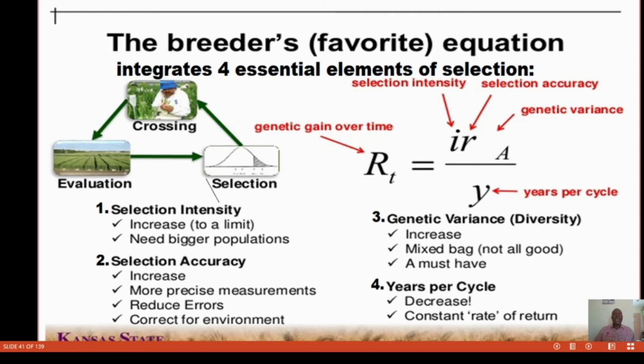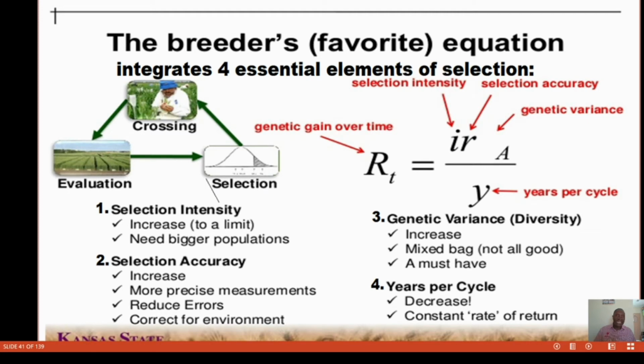This breeder's favorite equation integrates 4 essential elements of selection. Remember, in it, we've had the crossing of the selected parents, which we selected from the base or the parental generation, and it can be represented by this breeder's equation.